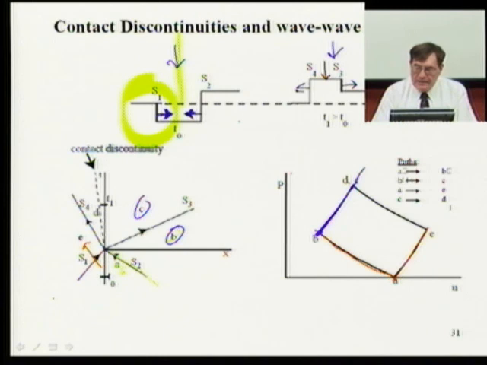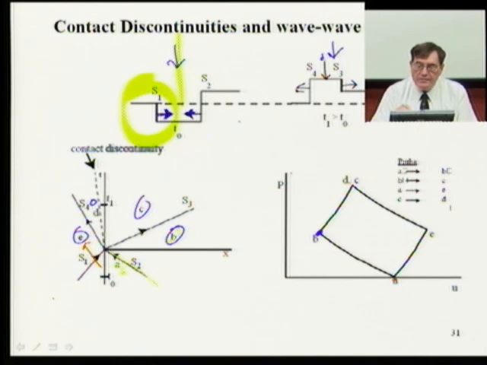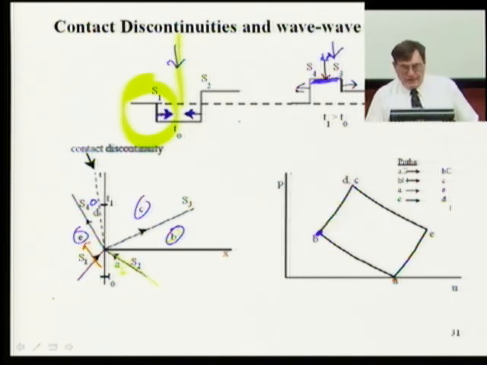The same thing back here from E to D is across the backward-facing shock, so this PU curve has to be reflected at this point, and where they cross is where the answer is, of course, and that's where D and C come out. That's this state, D and C, with equal pressure here. So that's the solution of two waves colliding.